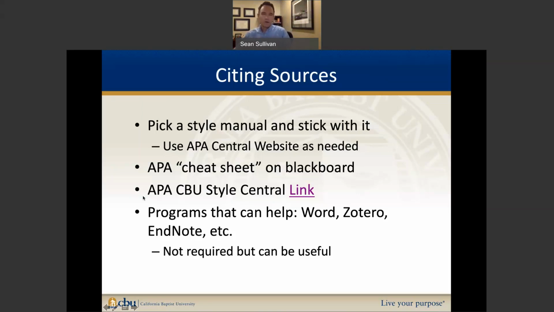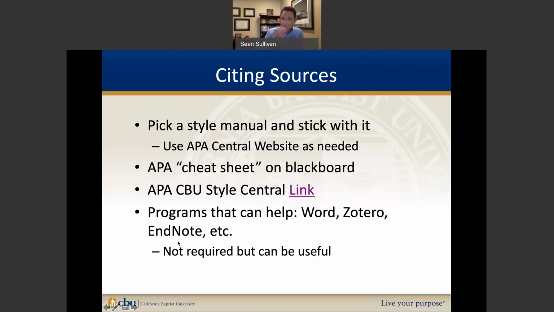One more quick word. Some of you may already be familiar with different research article formatting software. I don't recommend any of these. Sometimes I use them, sometimes I don't. Microsoft Word, Zotero, EndNote, these are all citation guides. They can help you format citations.